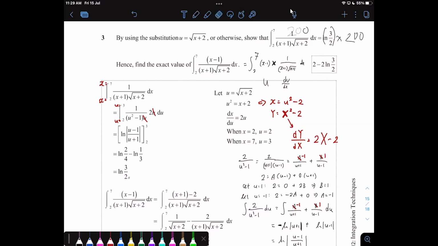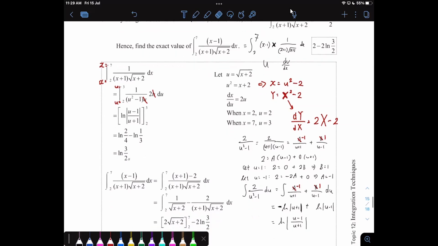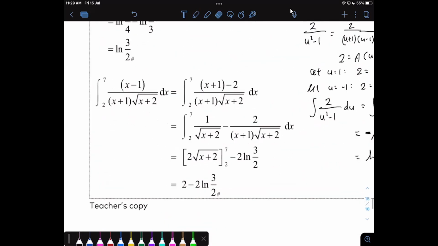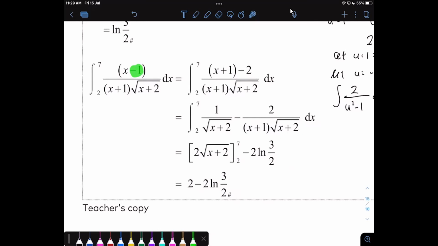Here they did something clever. They replaced the -1 with +1 minus 2. Why did they do that? Because they realized you can group the x plus 1 together and it will look like the denominator. Then they split it up as x plus 1 minus 2 over the same denominator, x plus 1 multiplied by square root x plus 2.